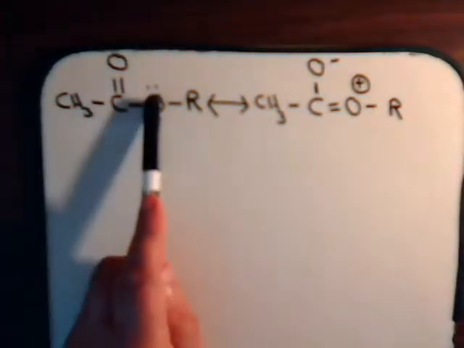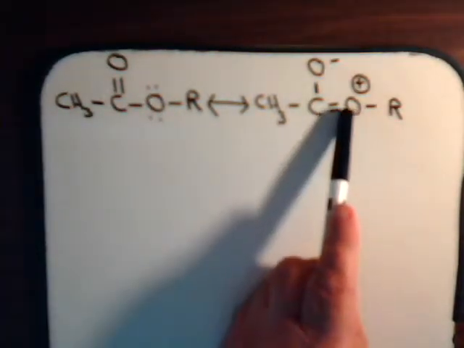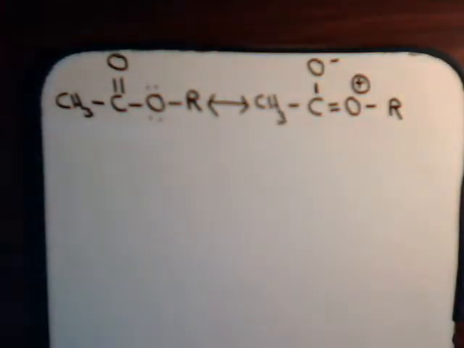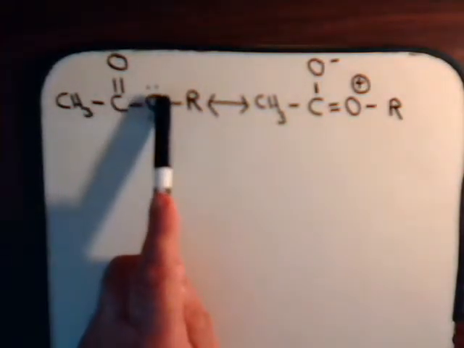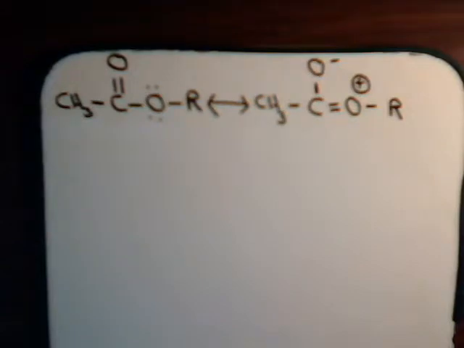But then this carbon has a lone electron pair. It can use that to form the double bond with carbon. But since oxygen put up both of the electrons to form this pi bond, it has a positive charge. So it's not a real strong resonance system, but there is some resonance stabilization that takes place there.